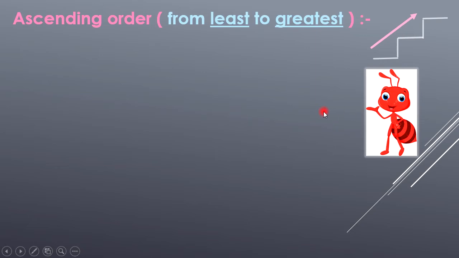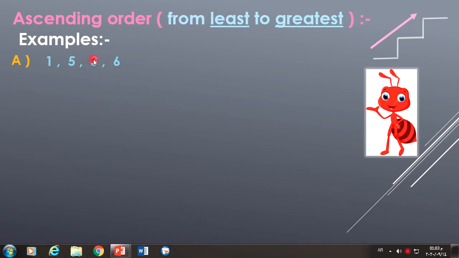Okay, let's see some examples. Example letter A. I have 1, 5, 3, and 6. So we should look to the smallest number.